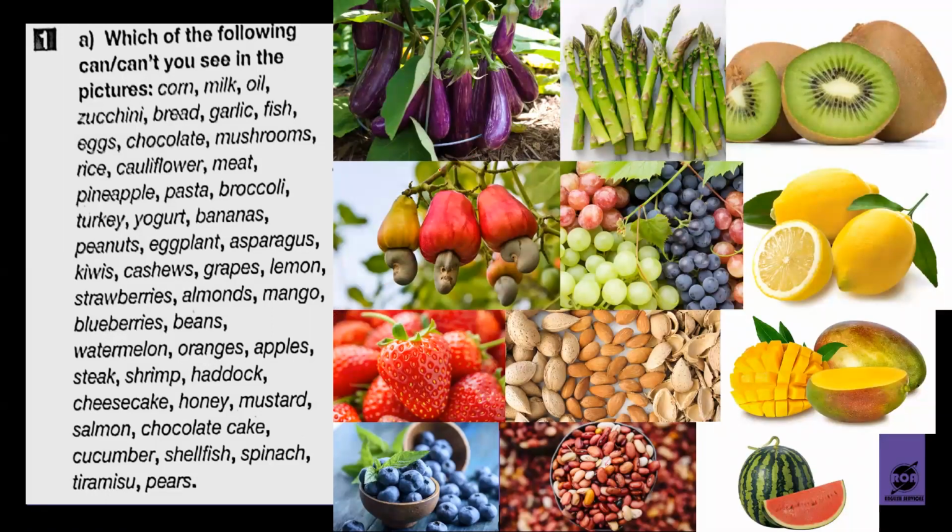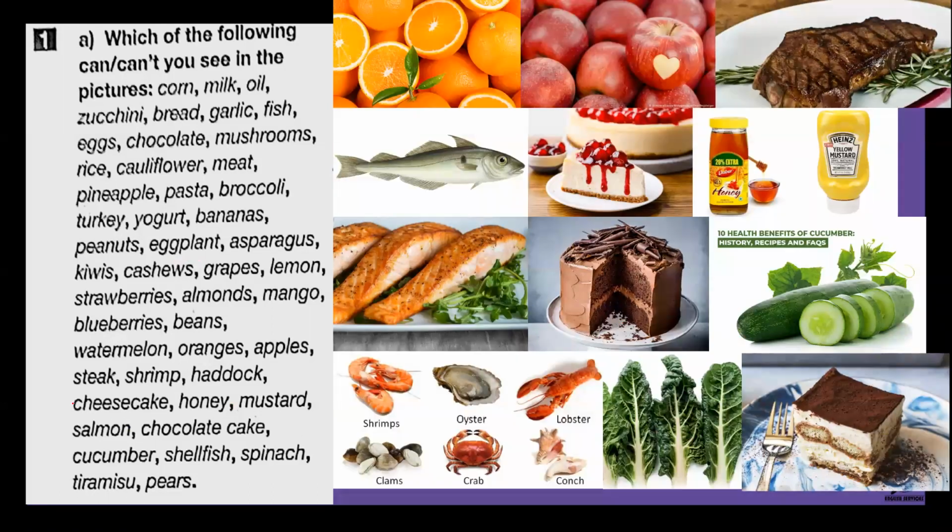Then we have here eggplants, asparagus, kiwis, cashews. Cashews, you can eat the fruit and also the seeds. Grapes, lemon, strawberries, almonds, mango, blueberries, beans, watermelon. Then we have oranges, apples, steak, shrimp.